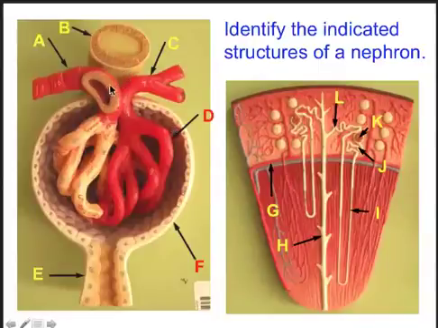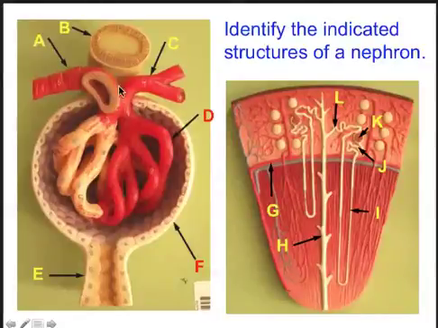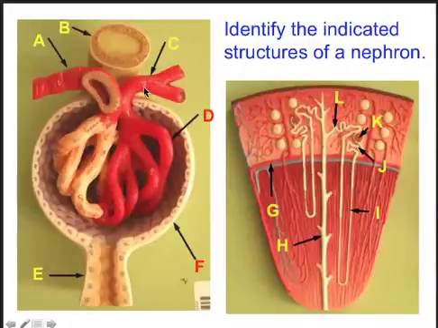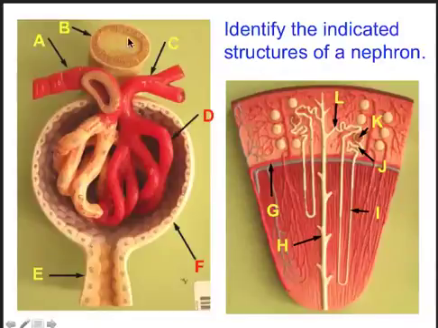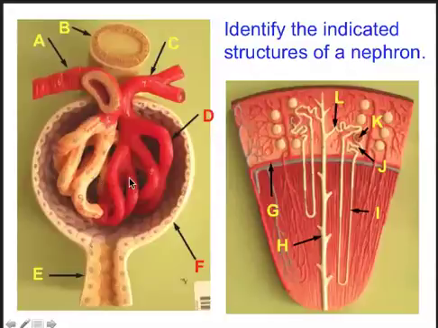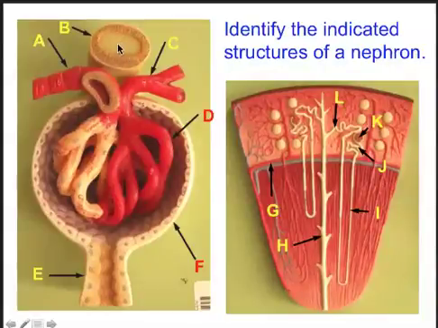And one of the ways that we do that is by either widening the afferent arteriole or constricting the efferent arteriole, or doing the opposite, depending on the solute concentration inside the glomerulus. Basically, if we open the afferent arteriole and close the efferent arteriole, we increase the glomerular pressure, we increase the glomerular filtration rate, we make more filtrate, and the result is to dilute the filtrate and reduce the solute concentration.